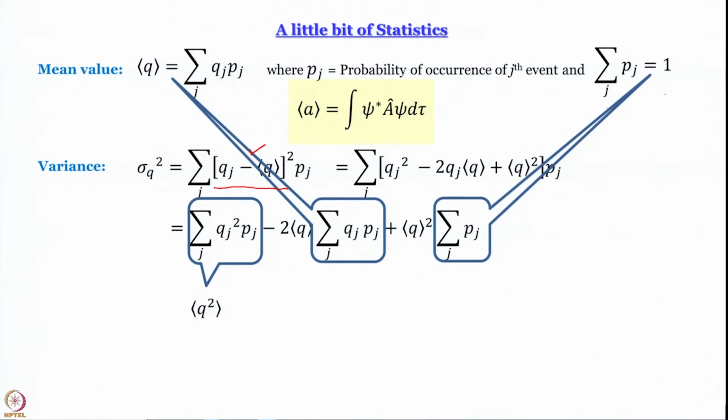So, the difference between this and this needs to be understood. What we have here is the square of means, what we have here is the mean of squares, they are not one and the same. It is trivial for us to work out: take any set of numbers, 2, 3, 4, 5, 6, 7.